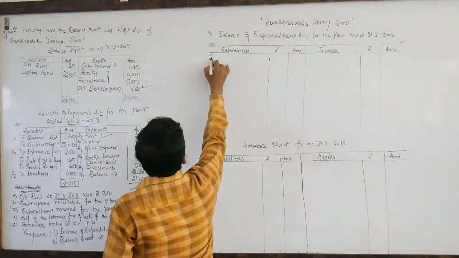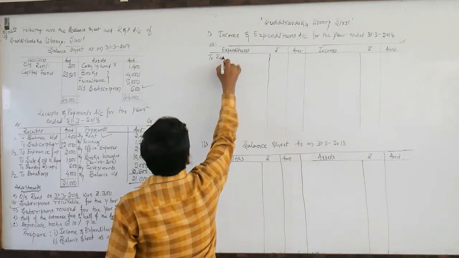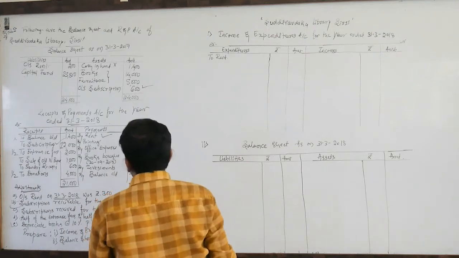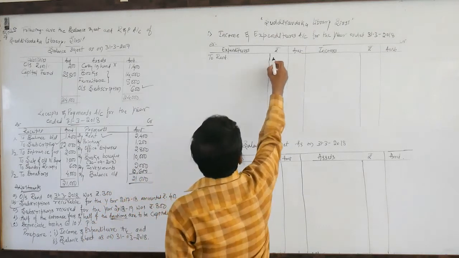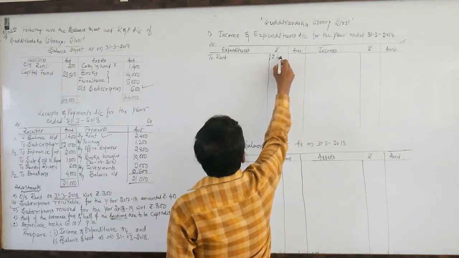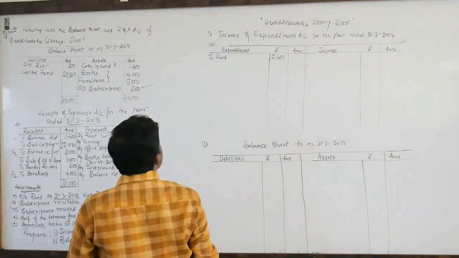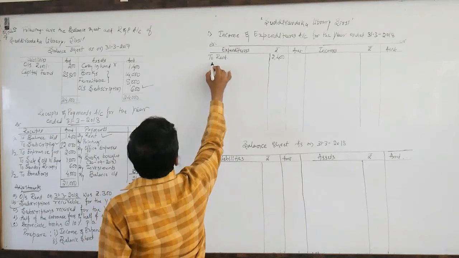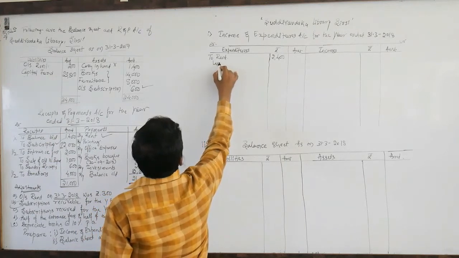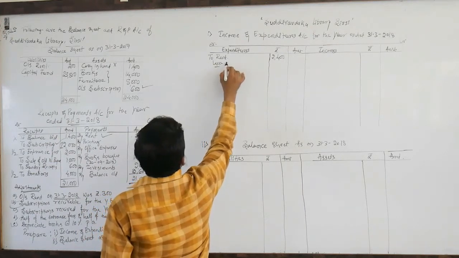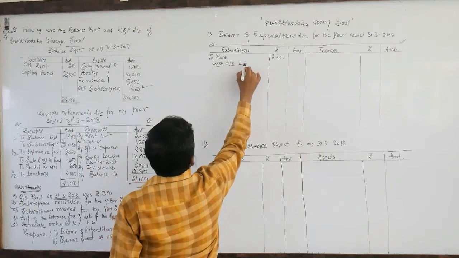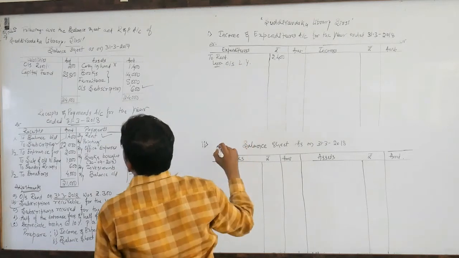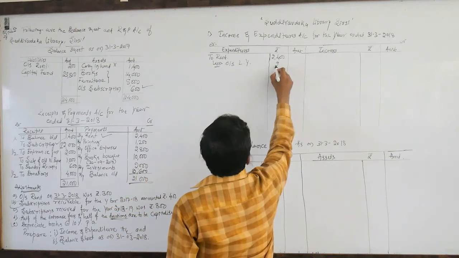To rent, this is rent paid during the year rupees 2,400, which includes the last year balance, so less outstanding last year rupees 200.